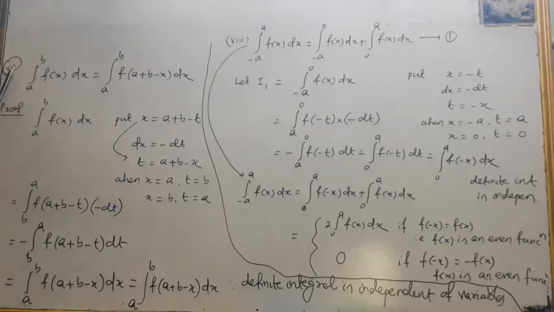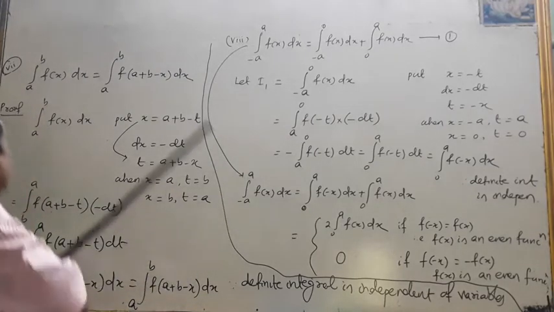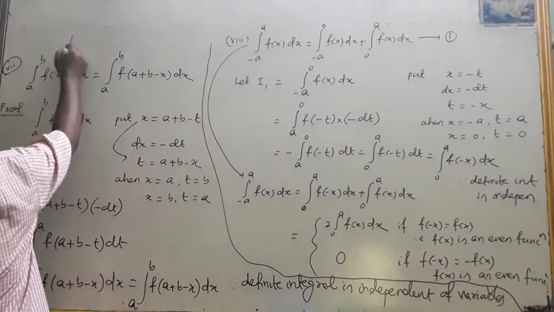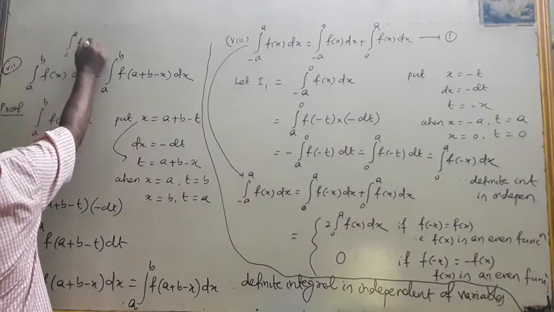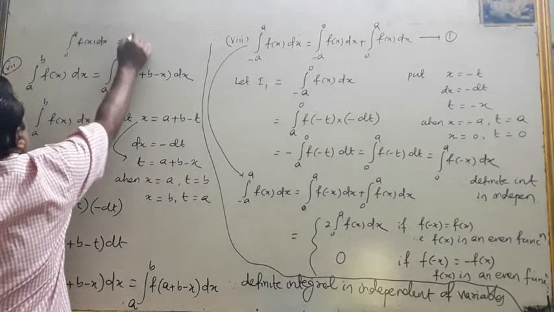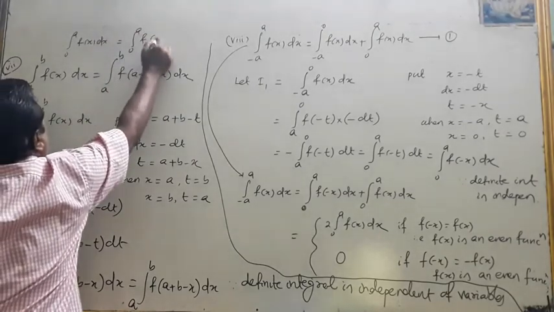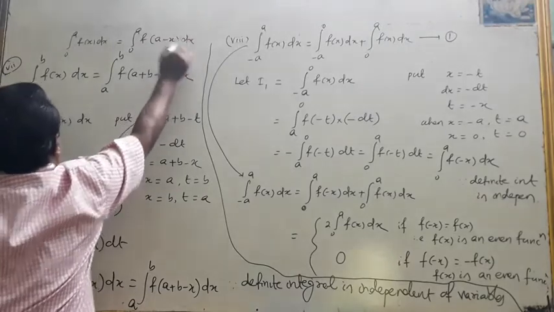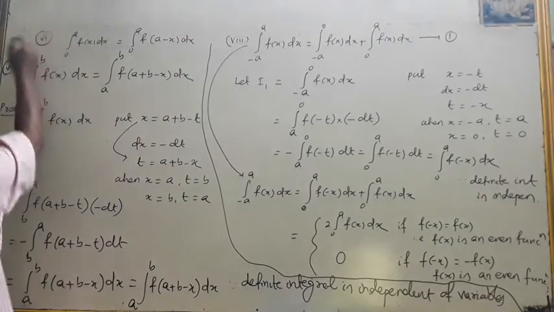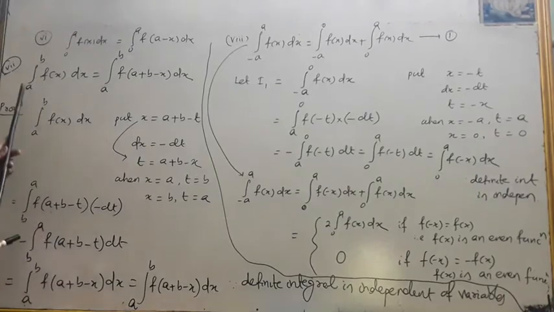Like property VI, this is an important property, where integral 0 to a f(x) dx is equal to integral 0 to a f(a minus x) dx. It was the property VI which I have already taught you. Here it is the same property.